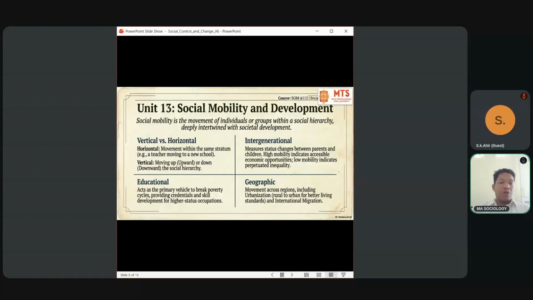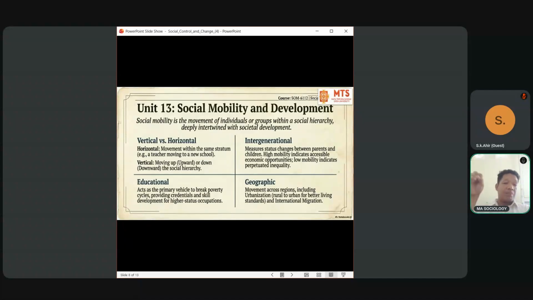So horizontal is more or less moving in the same strata. For example, a teacher teaching in Ramakrishna Mission School gets an appointment in another Mission School as a teacher. So there is a kind of horizontal mobility.